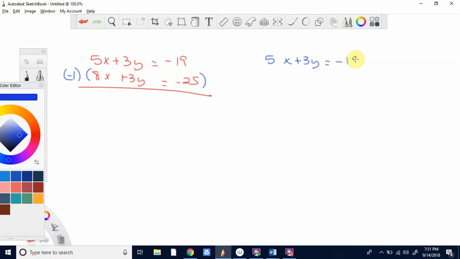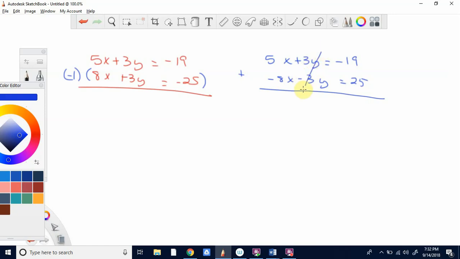Do not try to do it all in one step. Rewrite it. Take the time. I multiply this entire equation by negative 1. I'm using the multiplication property of equations. It says I can do that, and I'm not changing the equation. I'm just changing its look. So this becomes negative 8x minus 3y equals 25. You must distribute all the way through. Now I'm going to add the two equations together.